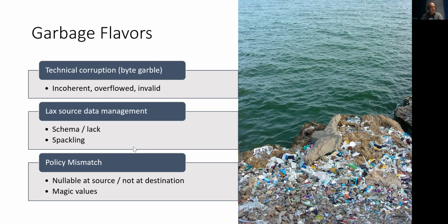And finally, there could be issues where there was good schema and a good attempt, or even justified schema decisions to keep things a certain way, and they mismatch between the source and the target.